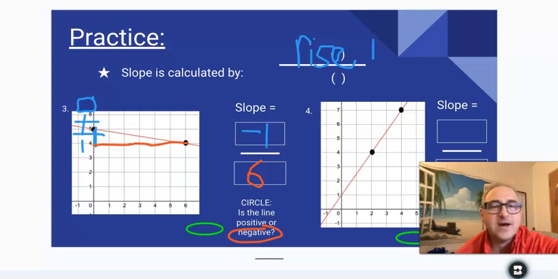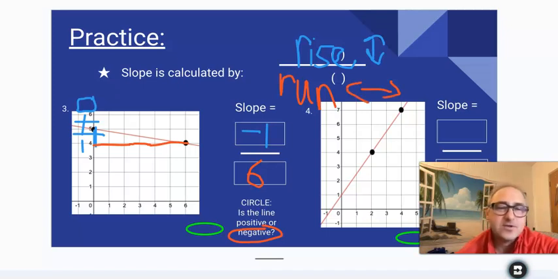It measures my up and my down. And then I'm going to make my run red. So the bottom part of the fraction again is red. It goes over 6. That's my run, R-U-N. And that measures how far left or right.